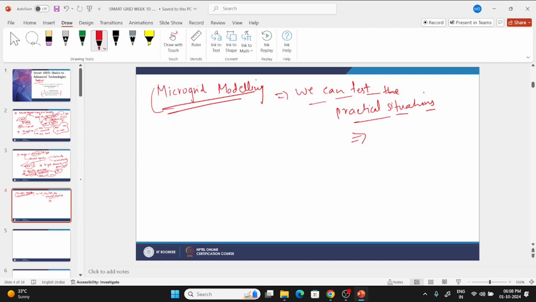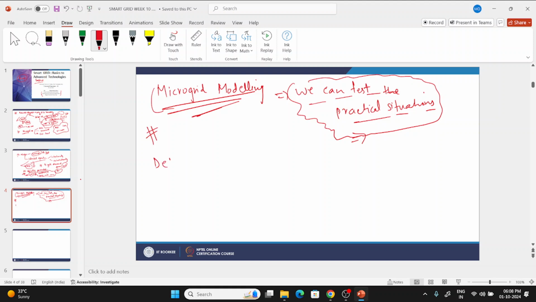So if you want a smooth, or stable, system, then some lab testing, or modeling and simulation work, should be done. Therefore, the modeling of the microgrid is very much important.